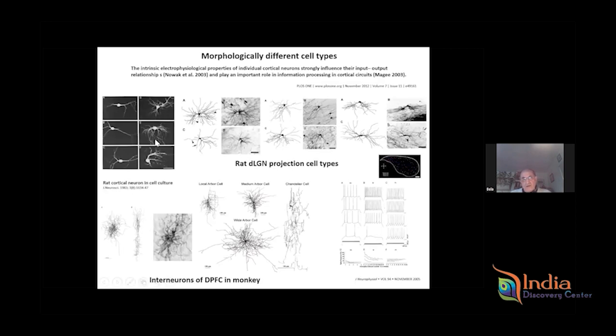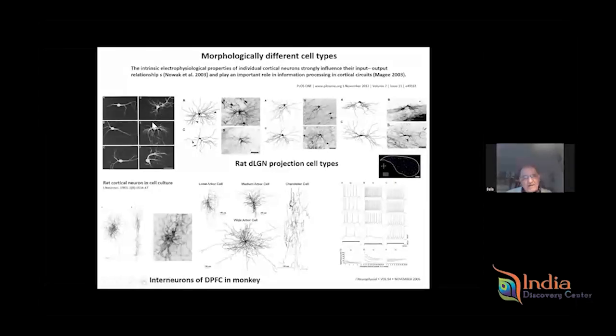And here I'm showing that there was a group that asked whether, if they put very primitive progenitor neurons in a cell dish, the neurons could develop.